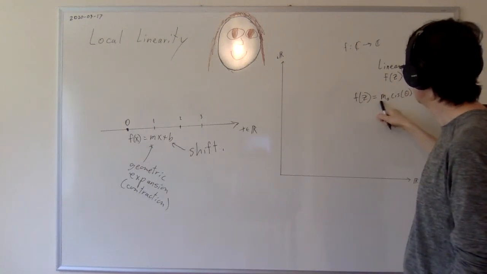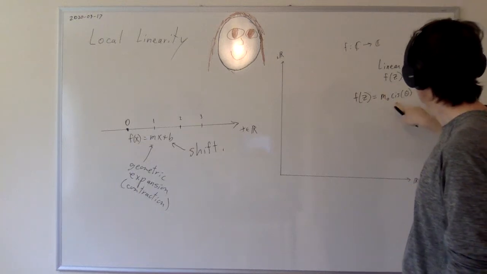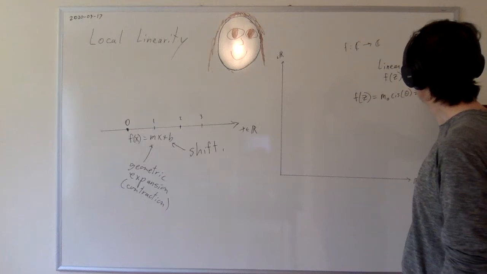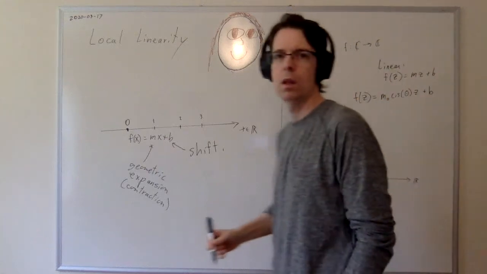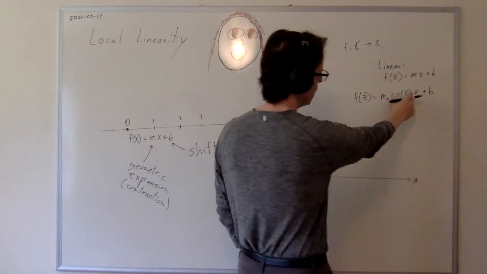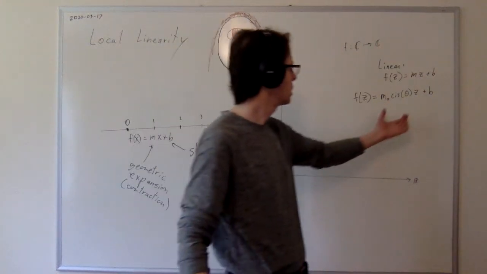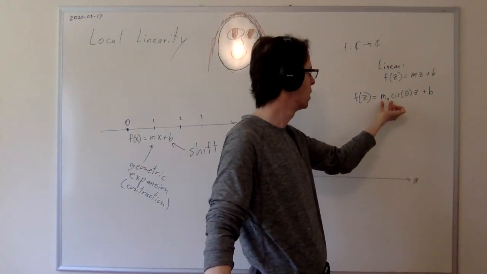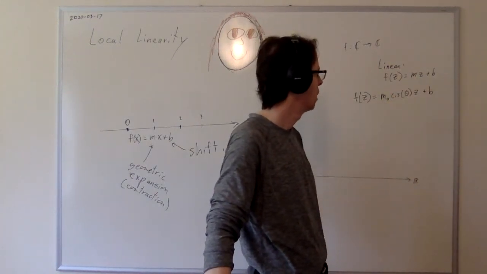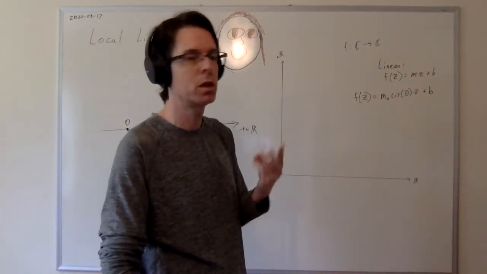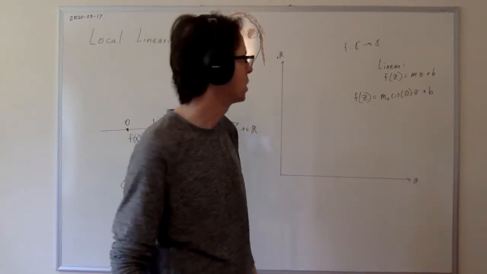So that's the modulus of m right here, and then cis of the argument of m, and then we're going to multiply that by z, and then add b. So now this is two multiplications, but one of them is a multiplication by a complex number whose modulus is 1, and one of them is a multiplication by a non-negative real number, m0, which is the modulus of m. Then we have the addition by b. We just need to understand all of these three parts now in terms of the geometry of the complex numbers.